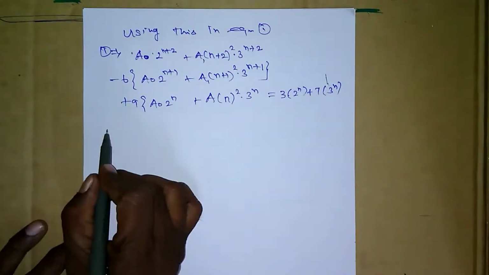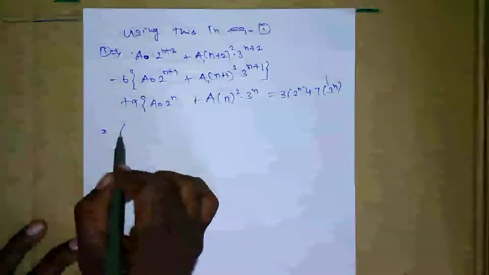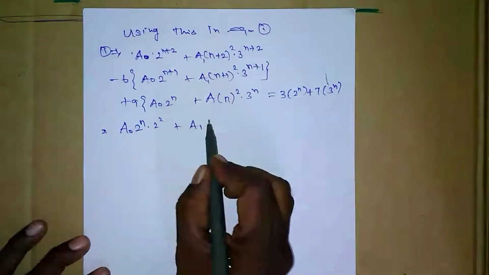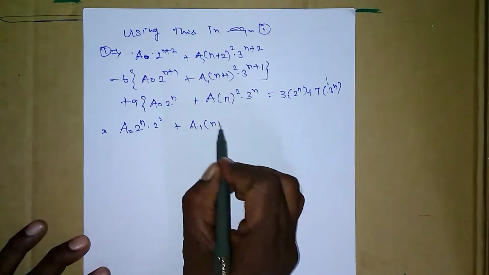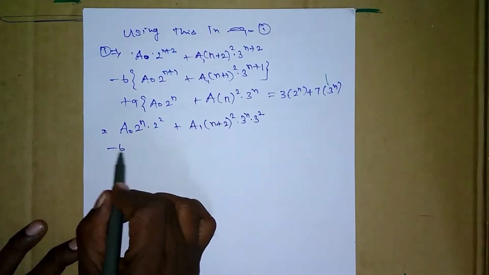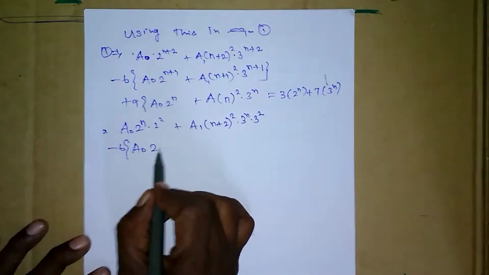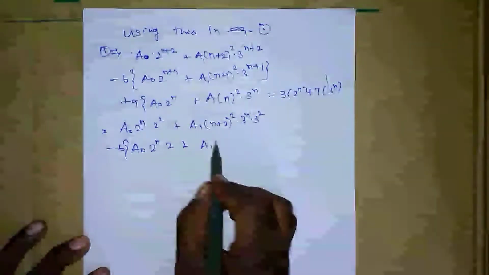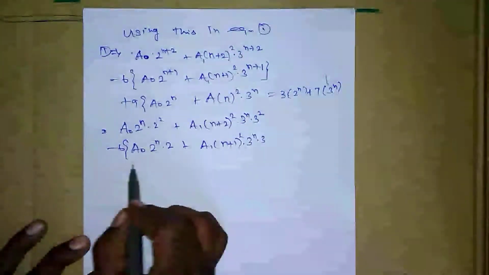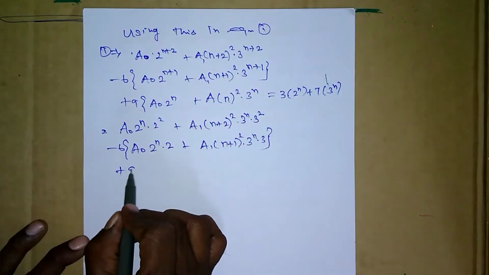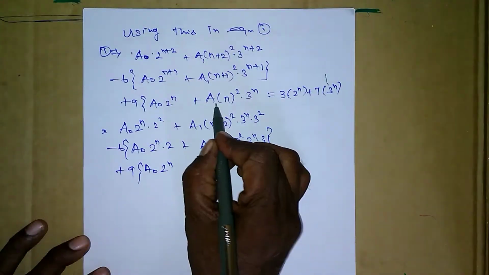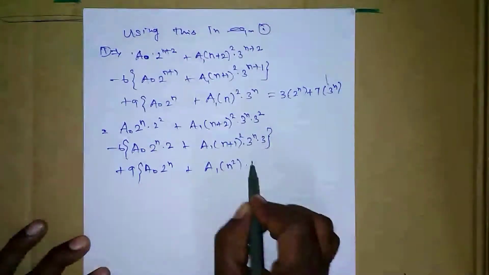Which is nothing but a naught 2 power n into 2 square plus a1 into n plus 2 whole square into 3 power n into 3 square, minus 6 into a naught into 2 power n into 2 plus a1 into n plus 1 whole square 3 power n into 3, plus 9 a naught 2 power n plus a1 n square into 3 power n.